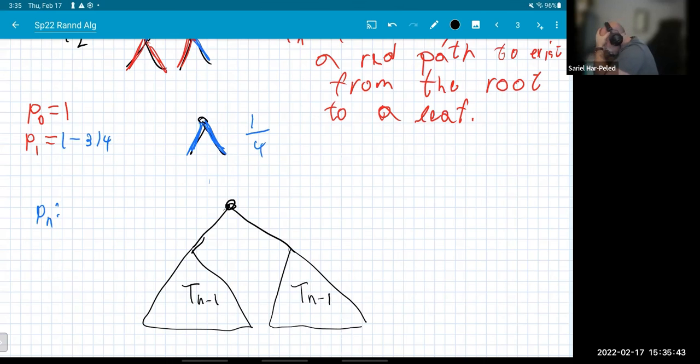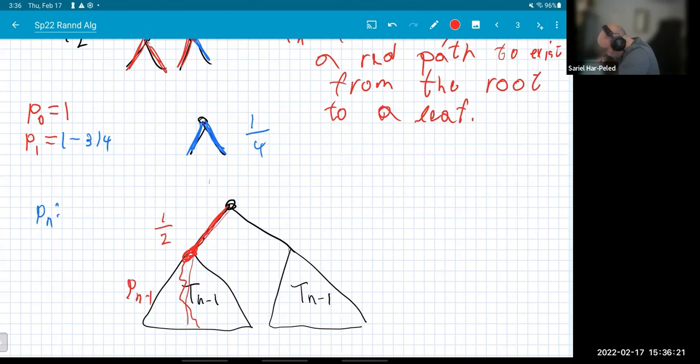And now I would like to know what is pH, right? So the idea is, let's look at the probability of success on the left side. The probability of success on the left side is, well, this edge has to be blue. That's probability half. And then there should exist a path in this subtree from this node all the way to a leaf. This is by recursion pH minus 1, right?